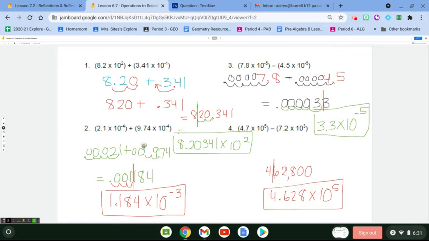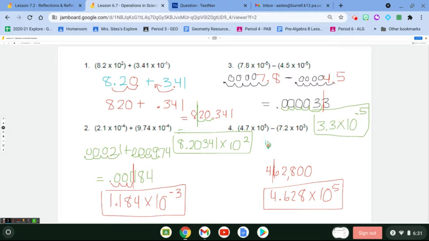So 1, 2, 3 zeros with 974. When you would add those numbers up, you would get 0.001184. And then when you would convert that back to scientific notation, that would be 1.184 times 10 to the negative third.